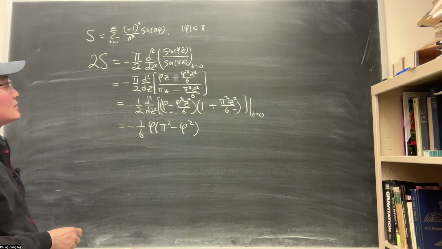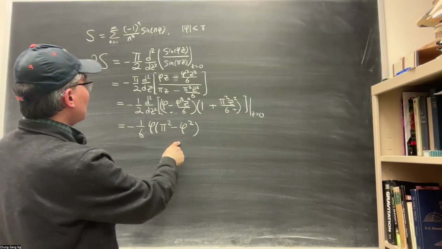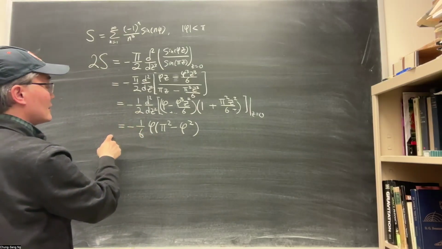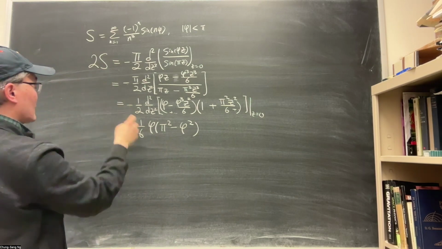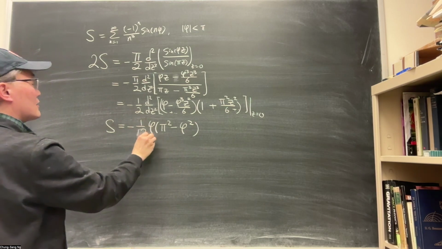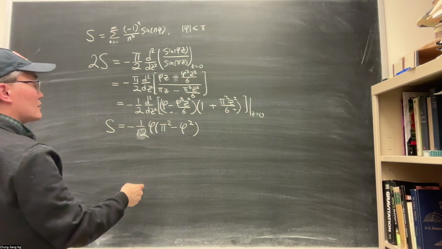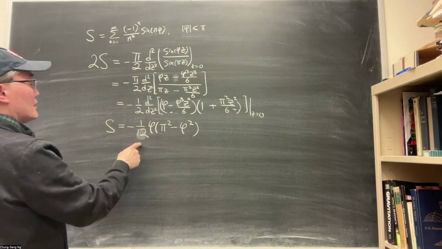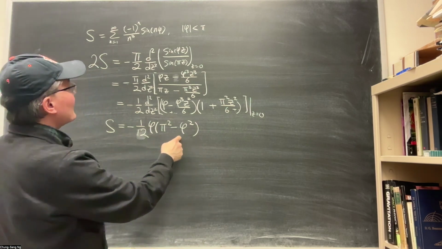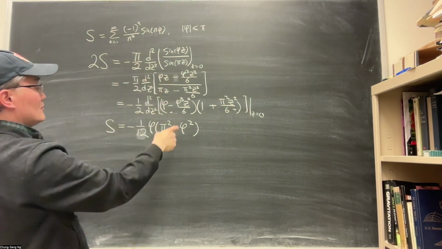Okay, and that should be it. So S will be one half of that, so S is 1/12 of this one, or if you like, you put the negative sign inside, that should be fine. And that should be the answer, and you can check whether that's consistent with the original sum.